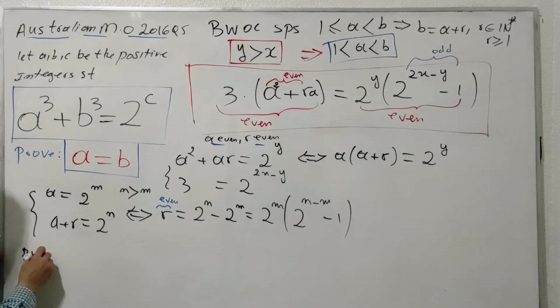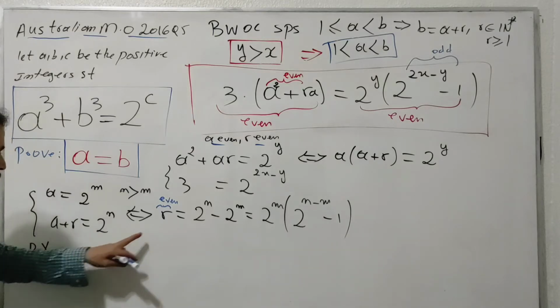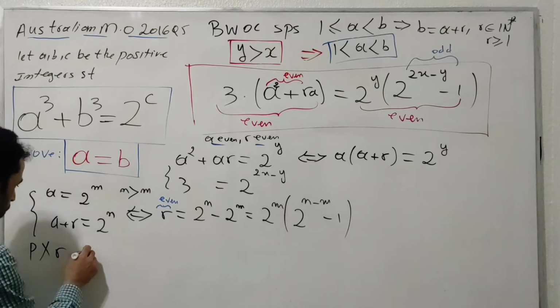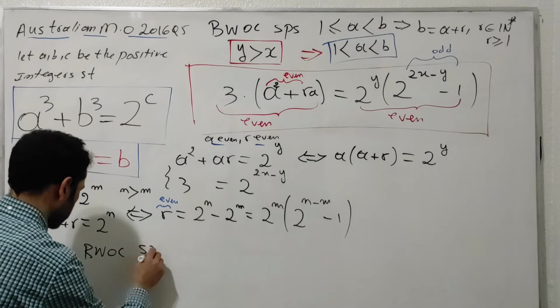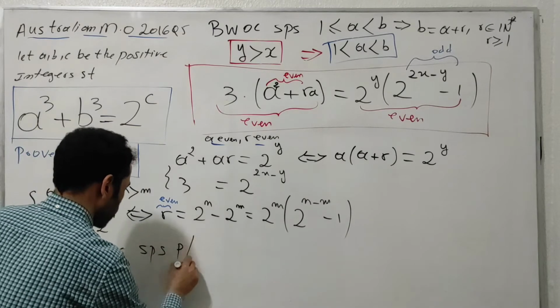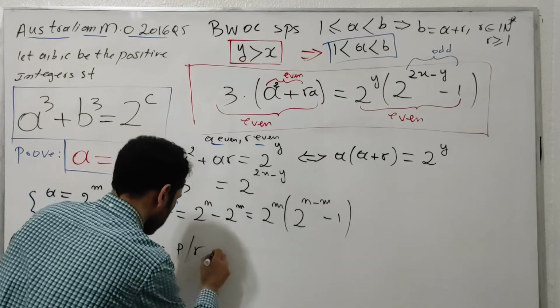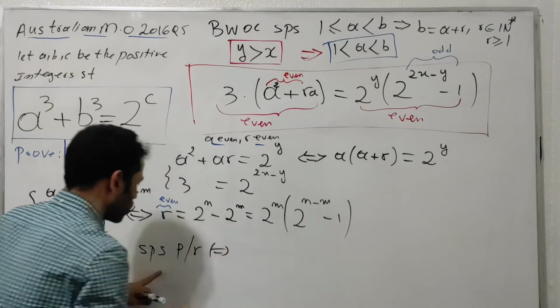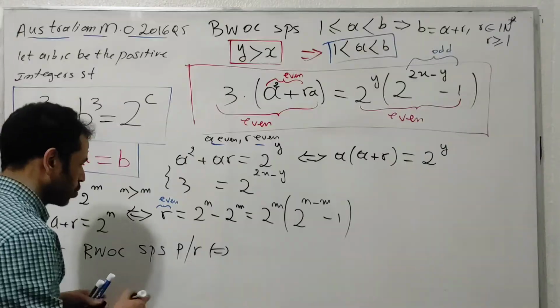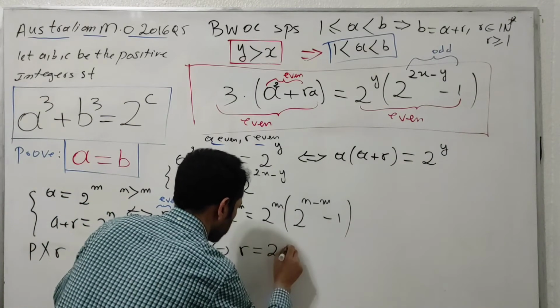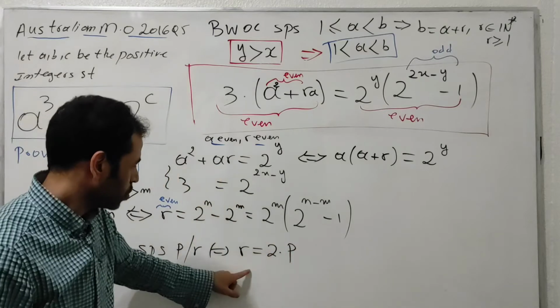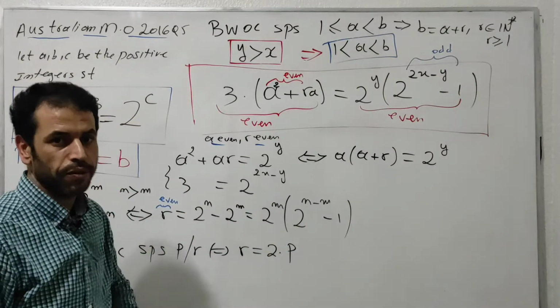By way of contradiction, we are going to prove p does not divide r as a factor of r. So by way of contradiction, suppose p divides r. According to the divisibility statement, this is equivalent to r equals 2 multiplied by p, as an odd prime.